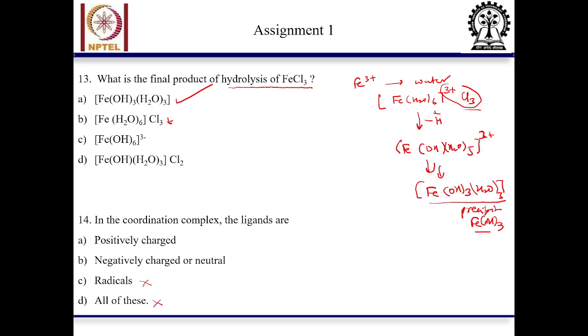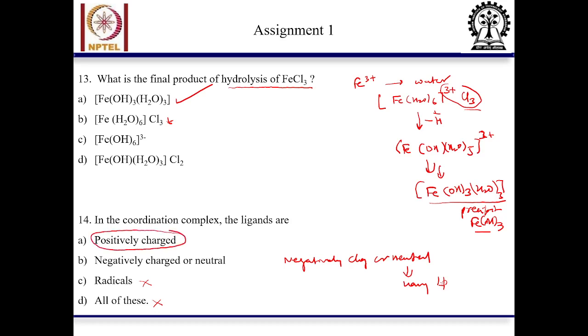In general, ligands are negatively charged or neutral. Neutral ones having a lone pair are some kind of like CO, carbonyl, nitrosyl, others are there. But I don't know why they have put this option A.